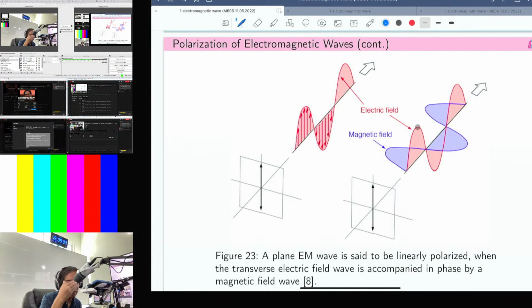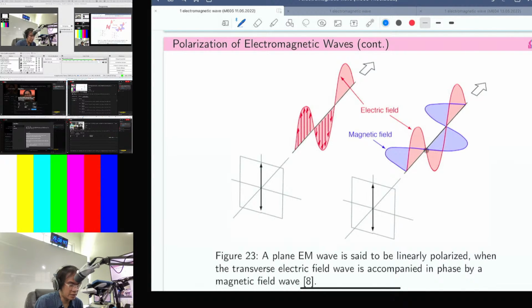According to the induction by Faraday's law or by Maxwell, the magnetic field is also induced when the electric field occurs. When the electric field oscillates, the magnetic field will also be induced. It's in phase. The meaning of in phase is that once the electric field peaks at its highest value, the magnetic field also peaks at its highest value too.